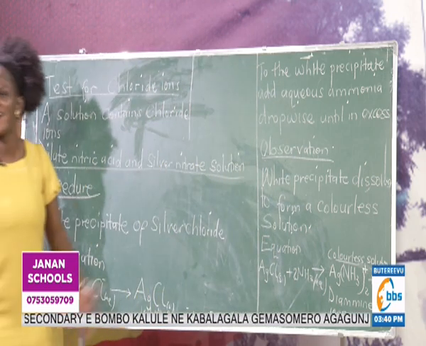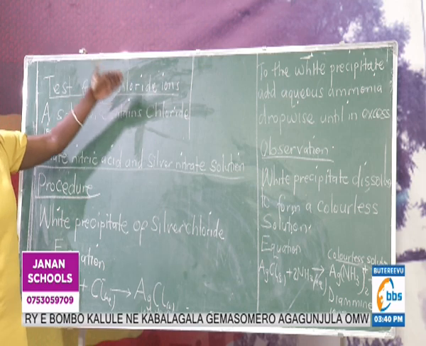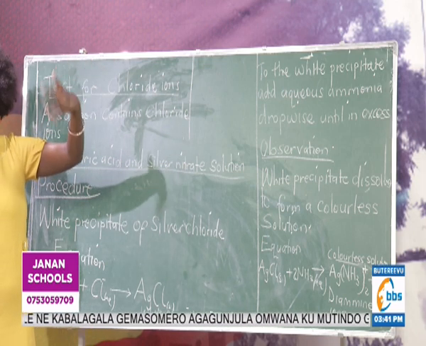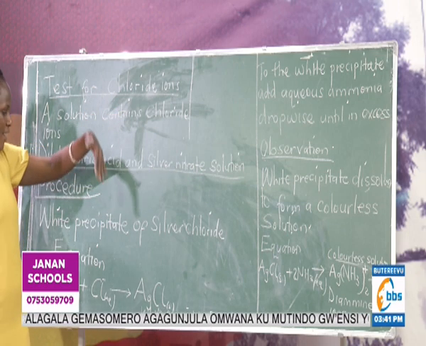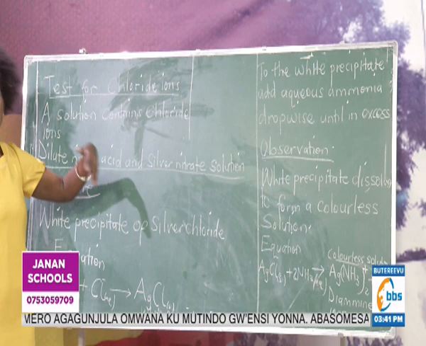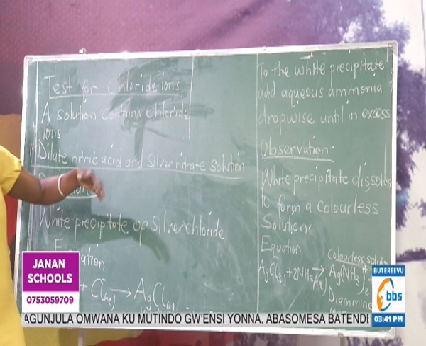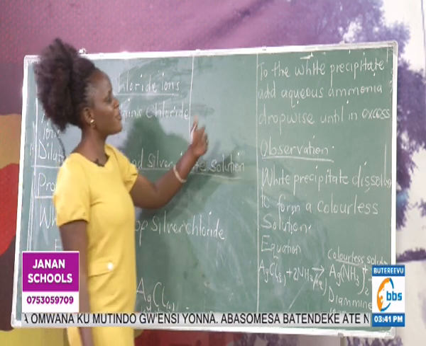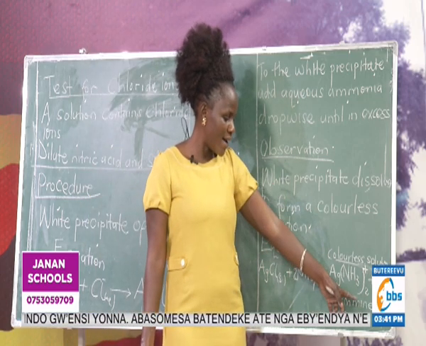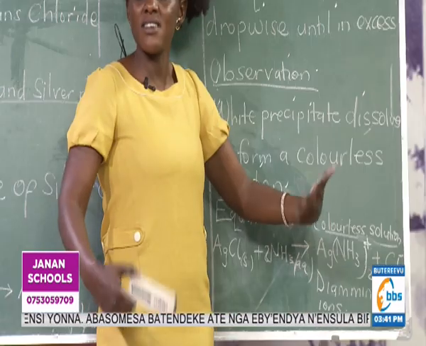A question may come to explain your observation. Explain your observations and then write the equation. Here, the white precipitate is due to formation of silver chloride, which is insoluble. Here, the white precipitate dissolving to form a colorless solution is due to formation of this diamine silver ions, which is soluble.